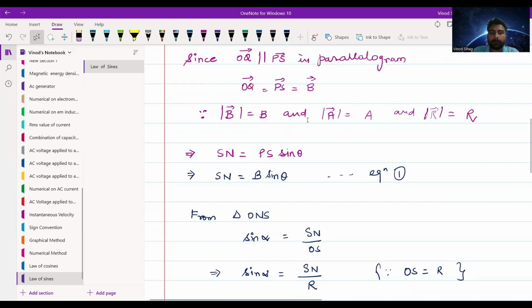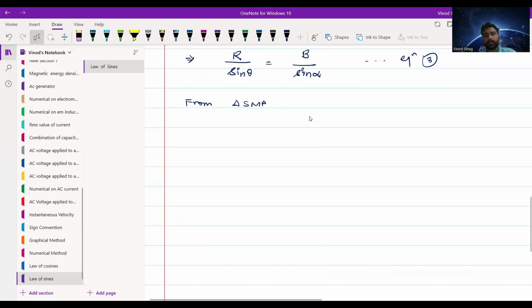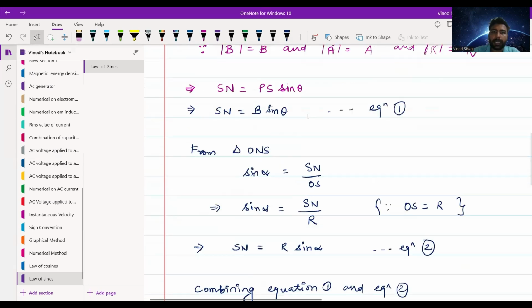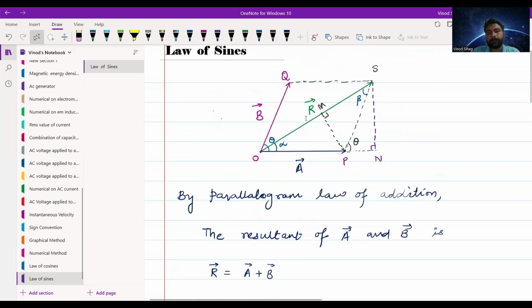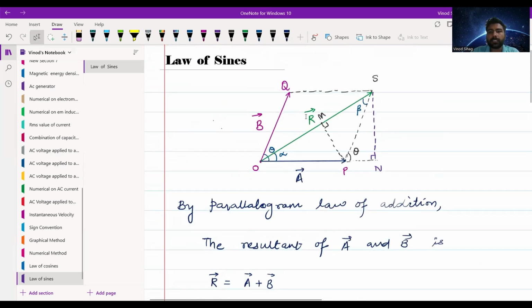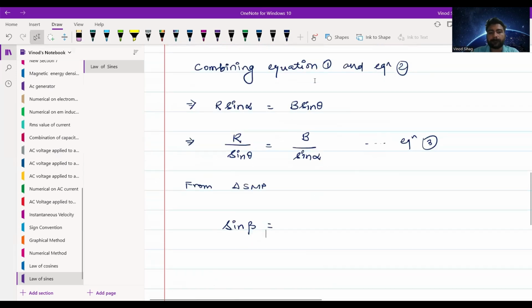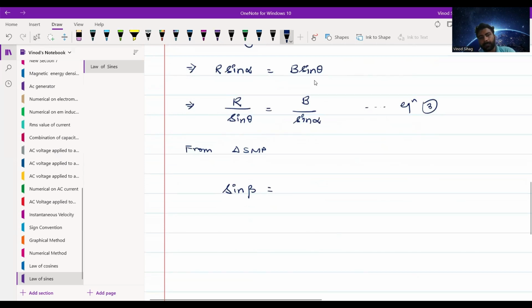From that, we can get sine beta. Sine beta is again height upon hypotenuse. So here the height is PM and the hypotenuse is PS, so sine beta equals PM upon PS.